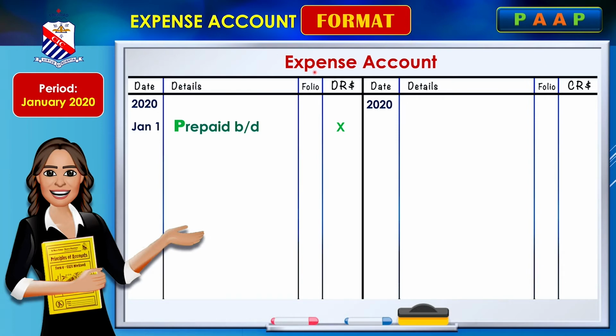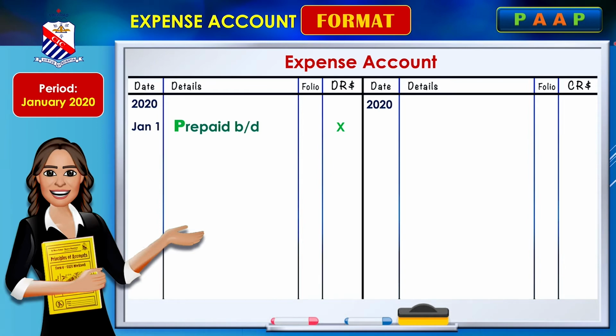So if it's rent, you would have the rent account, and this will automatically be known to be prepaid rent. So to save space, you can just put prepaid brought down, right? P, prepaid brought down. So you have your prepaid brought down, and you put it on the debit side for your PAAP, and you just put the amount. So far, we're just representing it as an X.